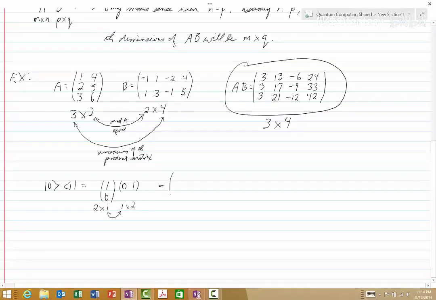So let's find that 2 by 2 matrix. We go across the rows of this while we go across the columns of this. So 1 times 0 is 0. 1 times 1 is 1. 0 times 0 is 0. And finally, 0 times 1 is 0. And there's our answer.